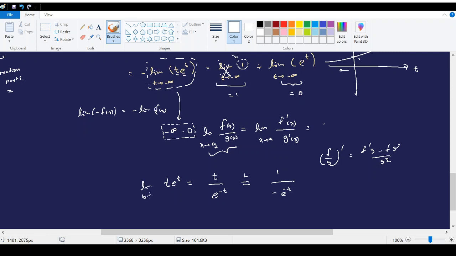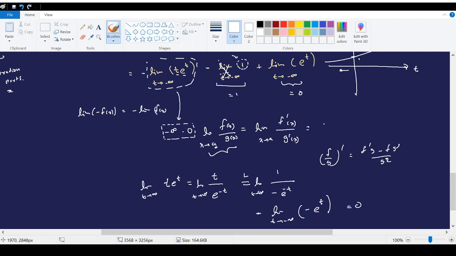So the limit of this one is equal to the limit of this one, as t goes to negative infinity, and L'Hopital's rule says the limits are equal. So then you can see the limit as t goes to negative infinity is equal to this, which is e to the power t, and that will be equal to 0.